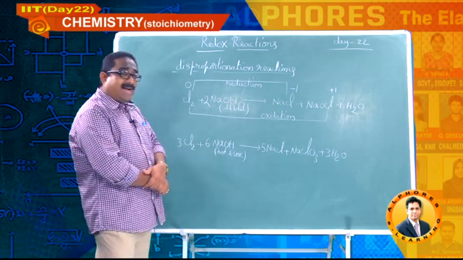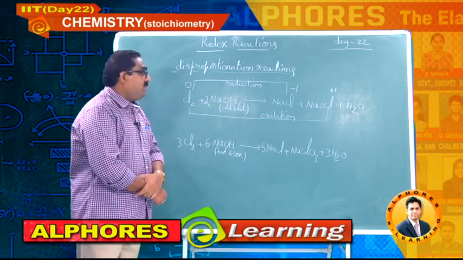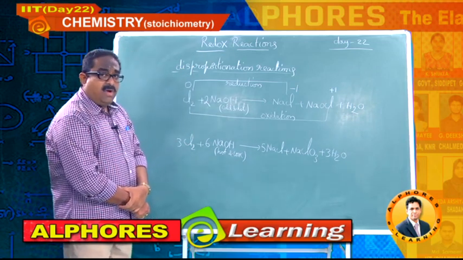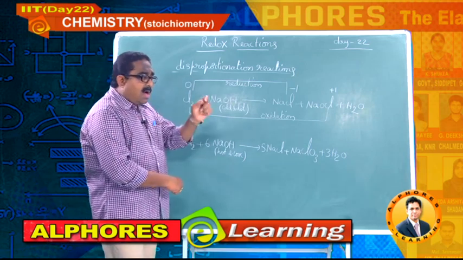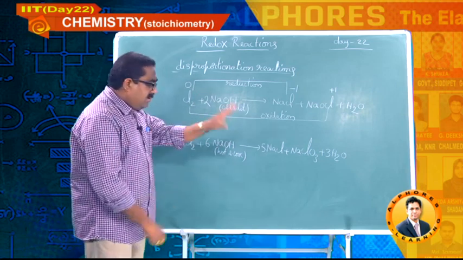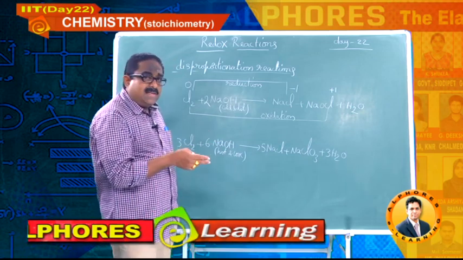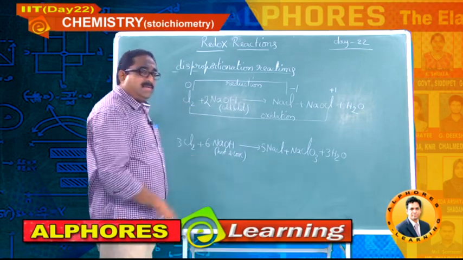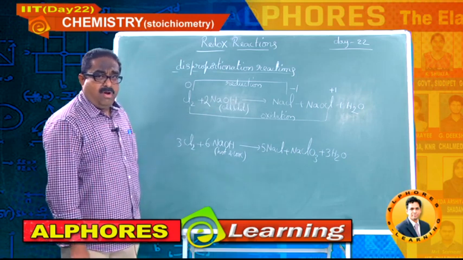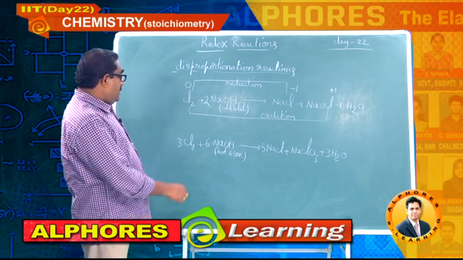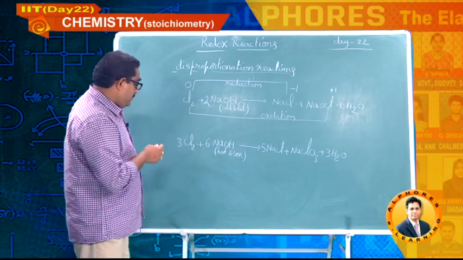This type of redox reactions should be named as disproportionation reactions. Disproportionation reactions are the redox reactions in which both oxidation and reduction occur on the same element.